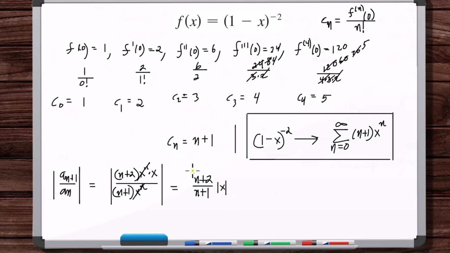So we need to take the limit as n goes to infinity of this. This is going to go to 1. And so the limit of the absolute value of a sub n plus 1 over a sub n approaches the absolute value of x. This passes the ratio test when this is less than 1, which tells you that the radius of convergence is 1.